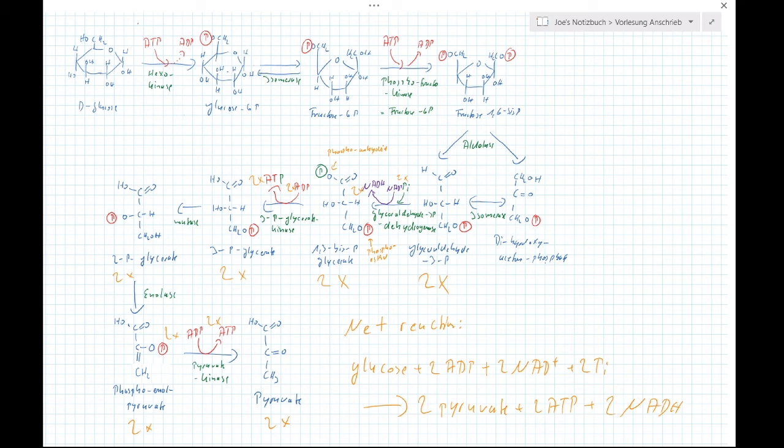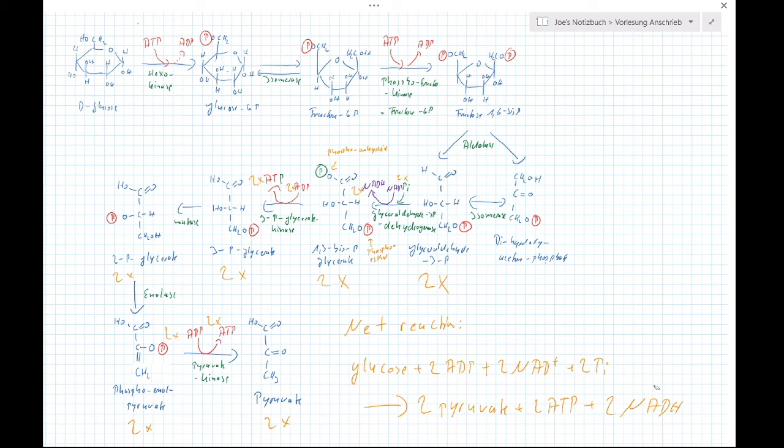So we had an oxidation step. We had exactly one oxidation step. This is the oxidation, and this is the only oxidation step here. And in this oxidation step, as it's a redox reaction, it needs to be coupled. We at the same time produced, of course, our NADH. So this oxidation is used to bring energy into the system.